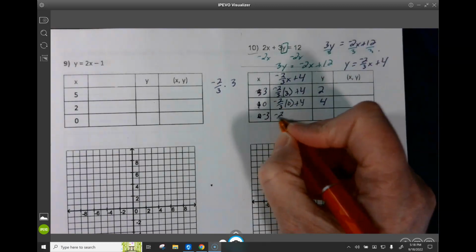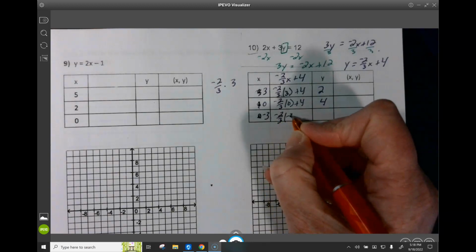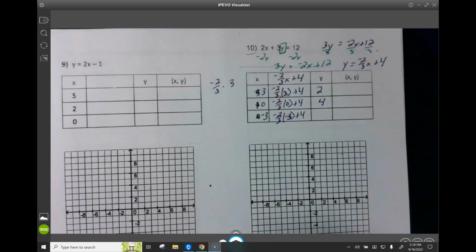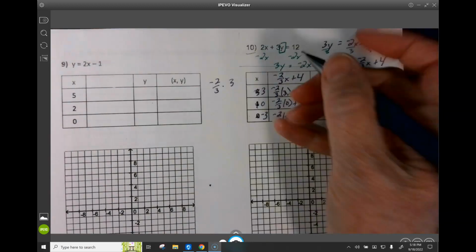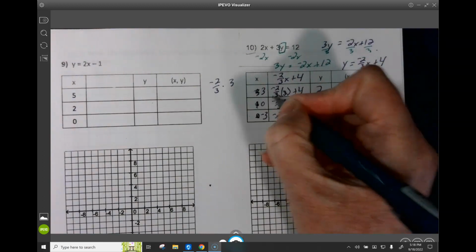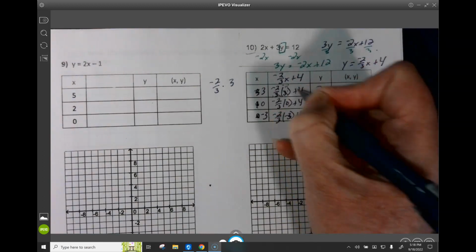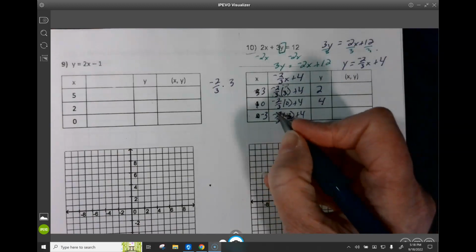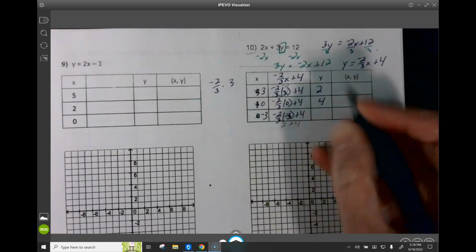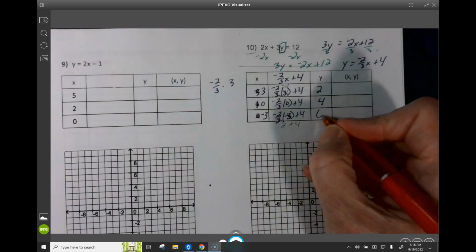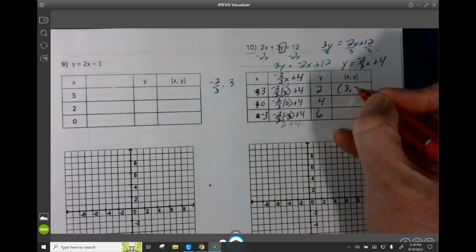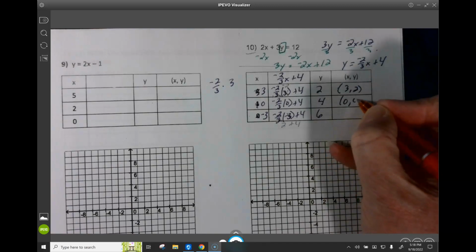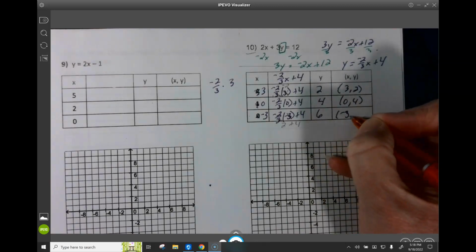Now I have -2/3 times a -3. Now here, let me say, this was a -2 because these dropped out, they divided out to 1, so I have -2 plus 4, which is 2. Here my 3's drop out, but I still have a negative times a negative, so that's 2 plus 4, which is 6. So my ordered pairs are 3, 2; 0, 4; negative 3, 6.